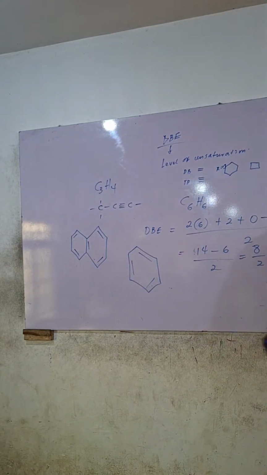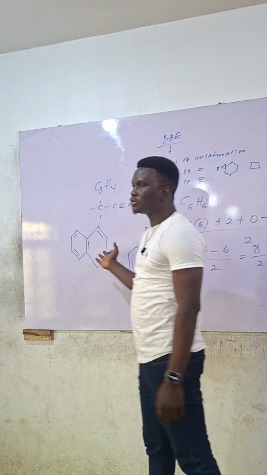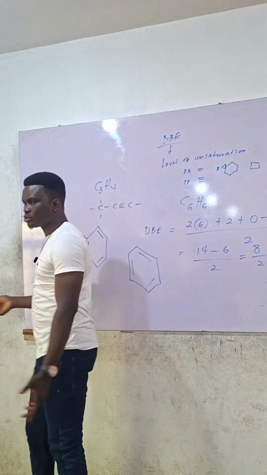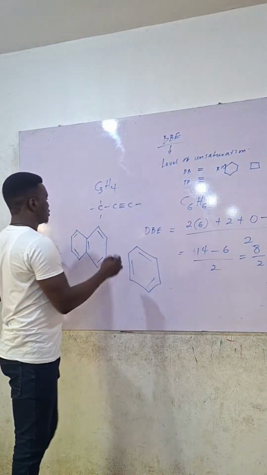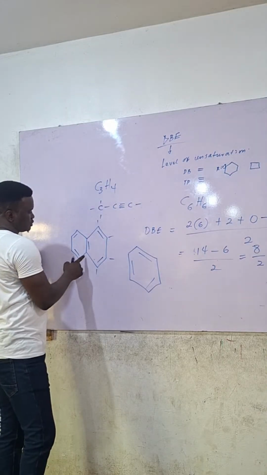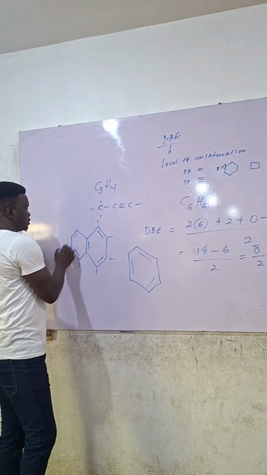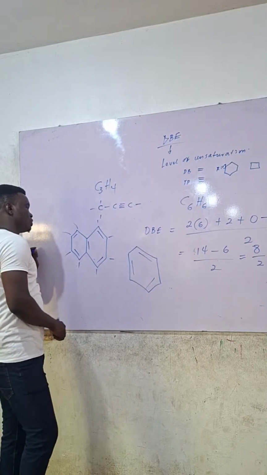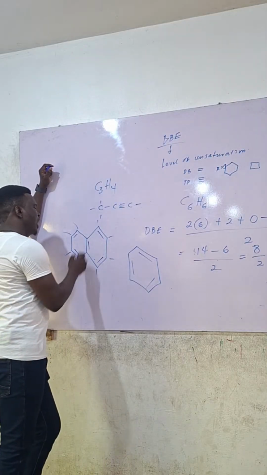Just know the number of carbon and know the number of hydrogen. But can you know the number of hydrogen here? You should be able to now. 1 hydrogen, 1 hydrogen, 1 hydrogen, 1 hydrogen. Carbon.